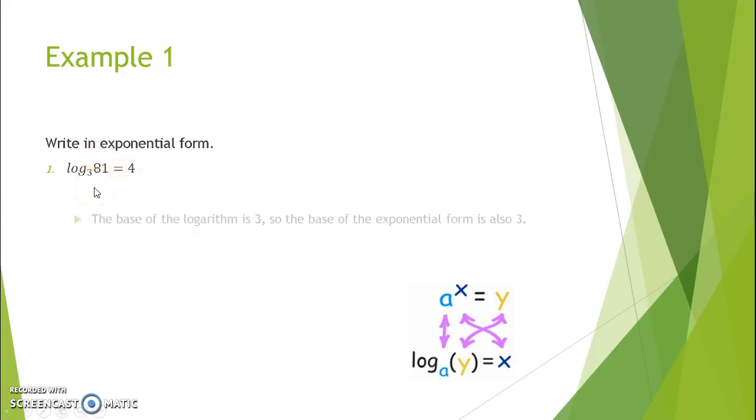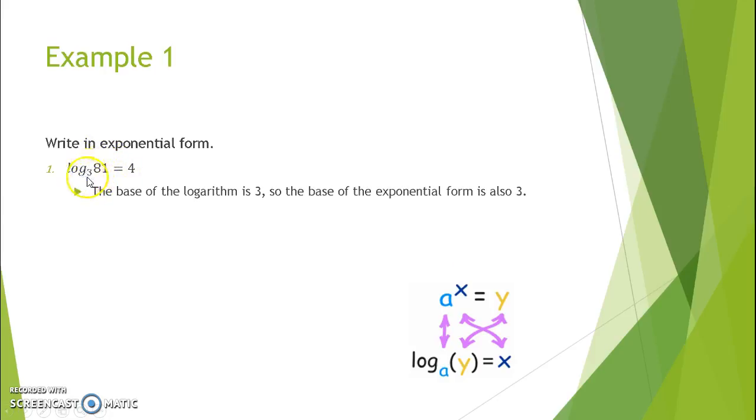I want you to see that the base of the logarithm is 3, so the base of the exponential function is also going to be 3. So we can say here already that this a is 3. Then let's see what we have. What is the 4? The 4 is actually the exponent. The logarithm is the exponent.